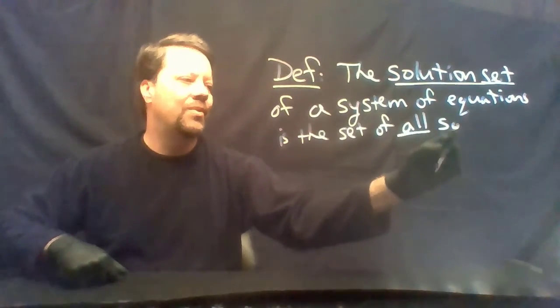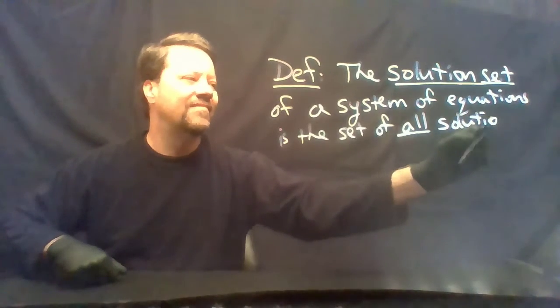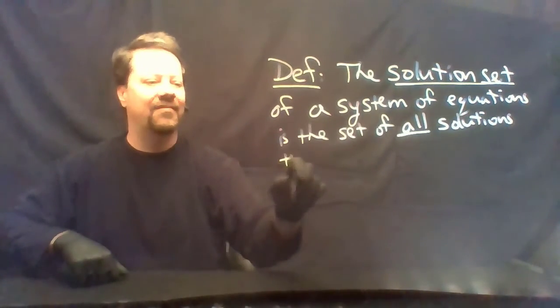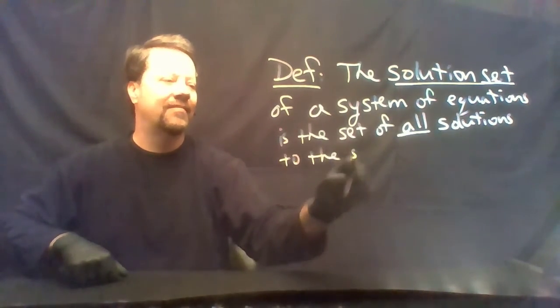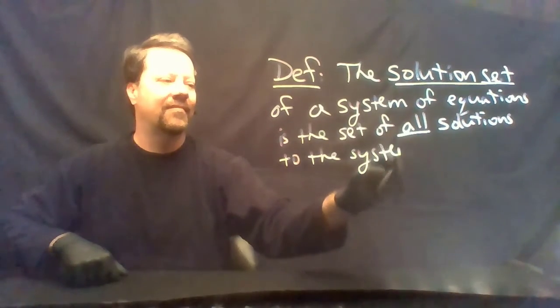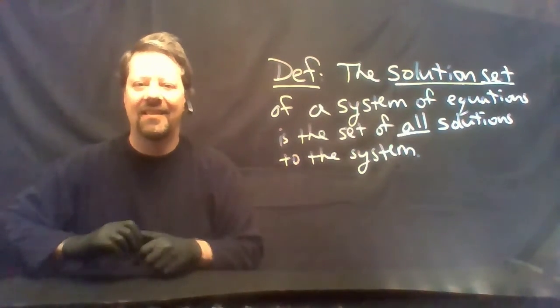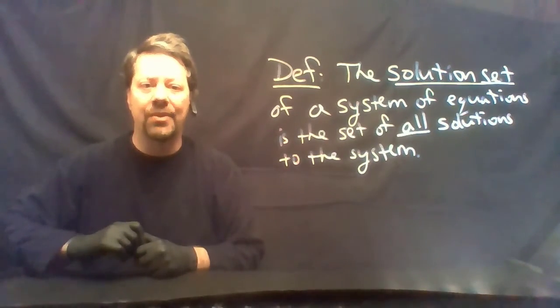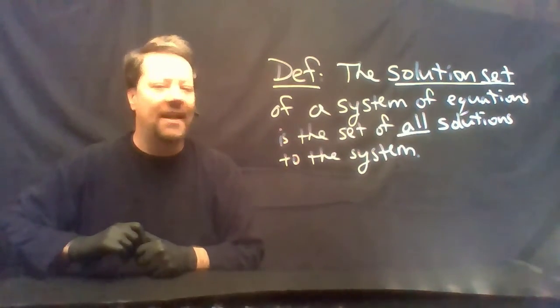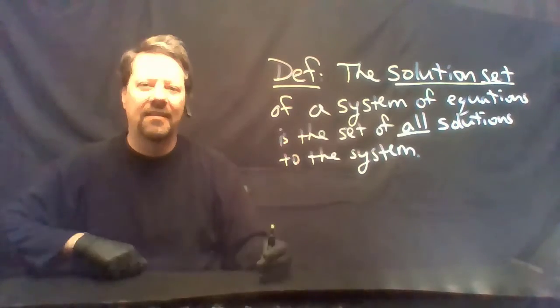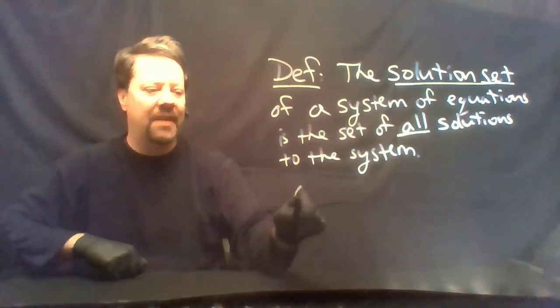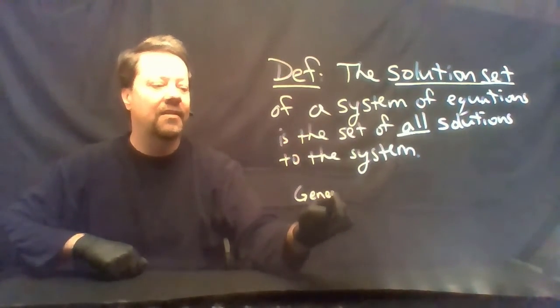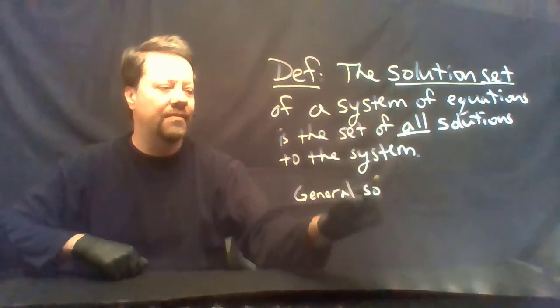All solutions. A system of equations, as we've seen, may have infinitely many solutions. The solution set will include all of them. This is also sometimes referred to as the general solution.